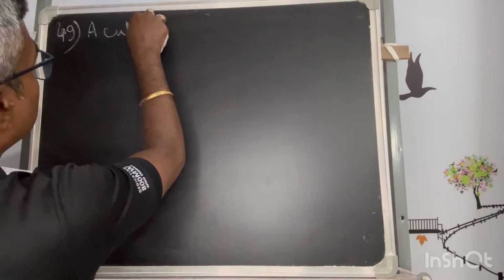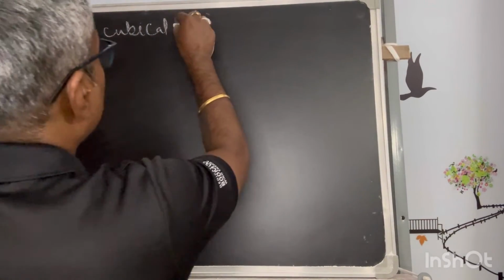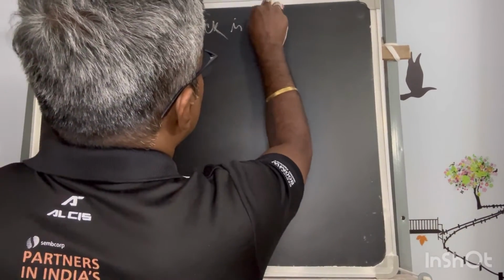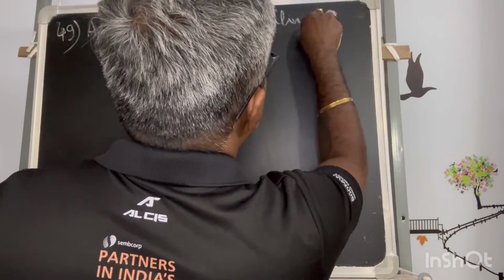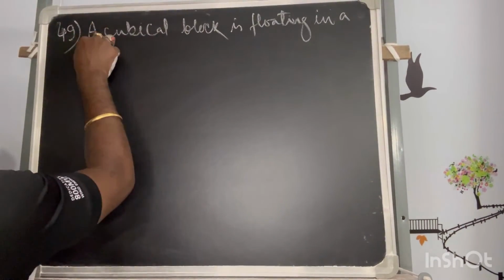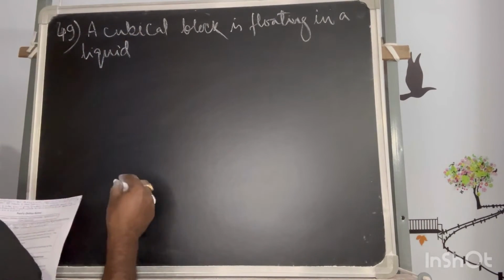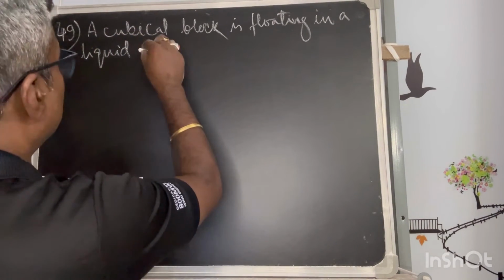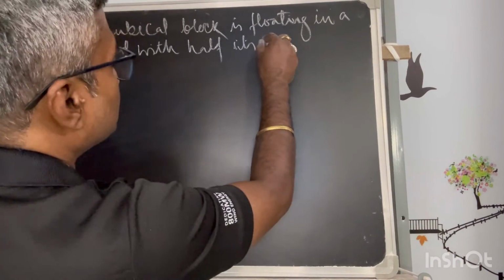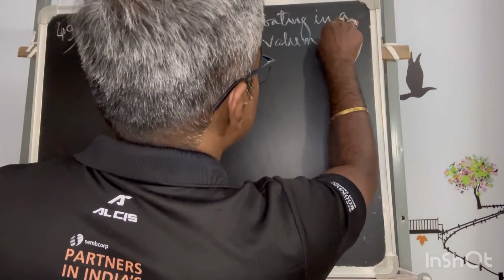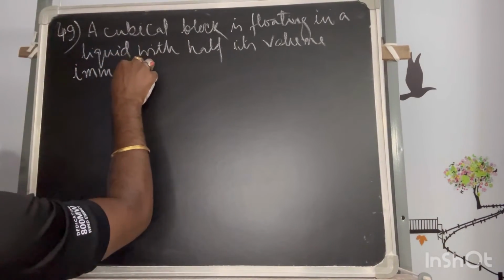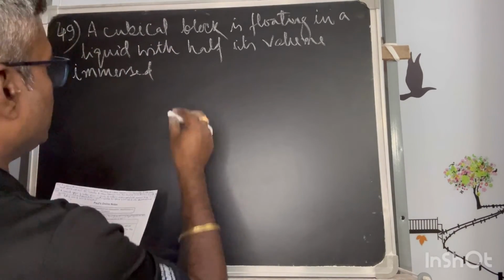A cubical block is floating in a liquid with half its volume immersed in the liquid.